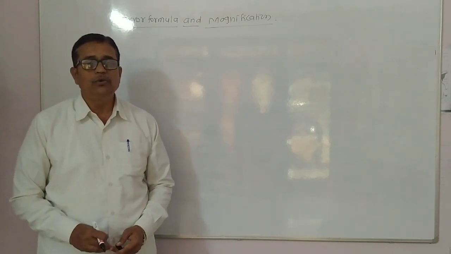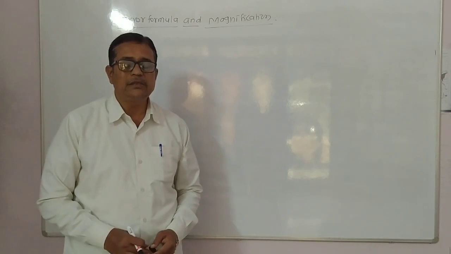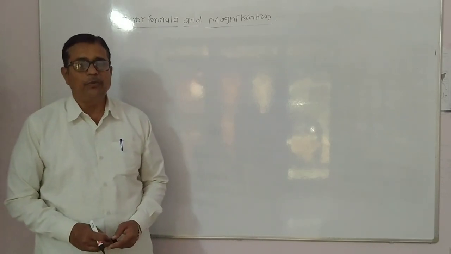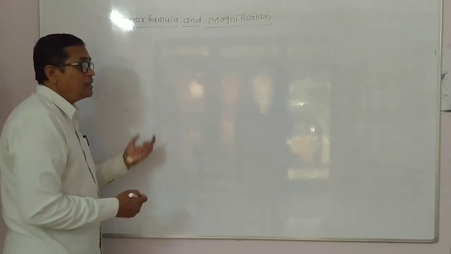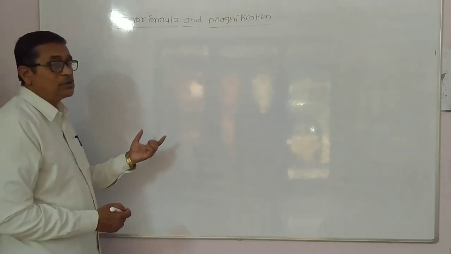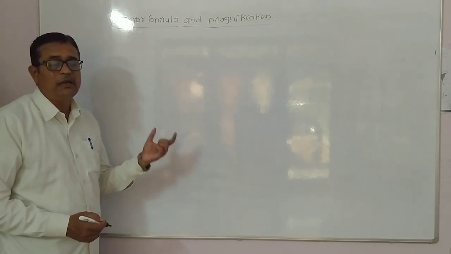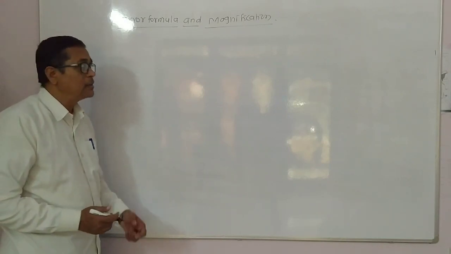This formula can be used to solve the numericals on mirrors in the chapter of light. And numericals are a very important topic in physics. Look here, this is the base of numericals, this is the base of this chapter, and it is necessary to carefully understand and learn the mirror formula to solve the numericals.